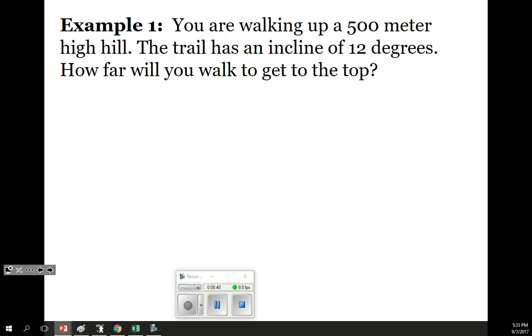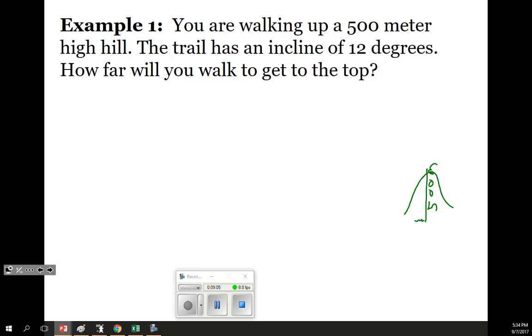So here is a hill right here, and it tells me that my hill is 500 meters. It's a 500-meter hill. Now, we have to remember to use our units.